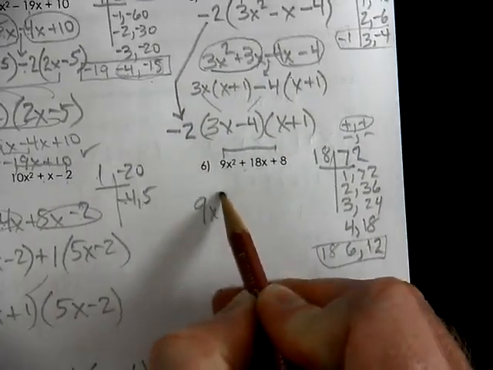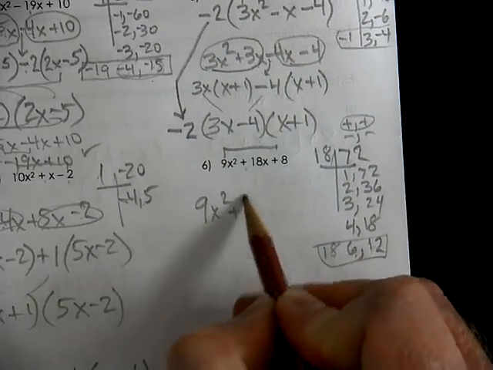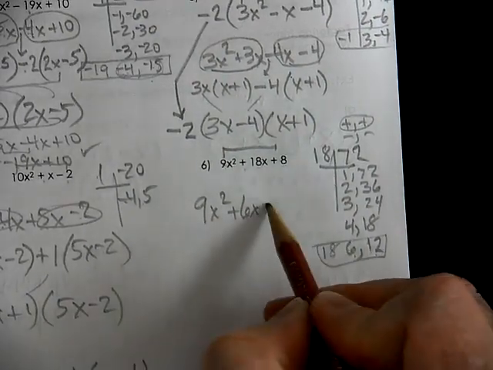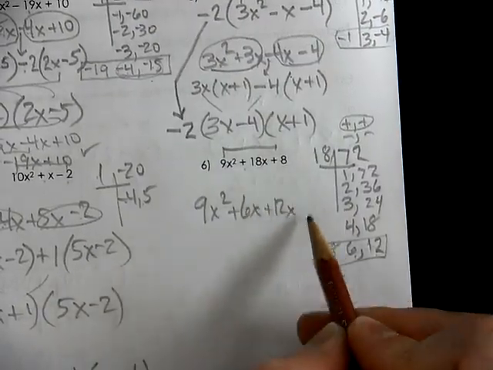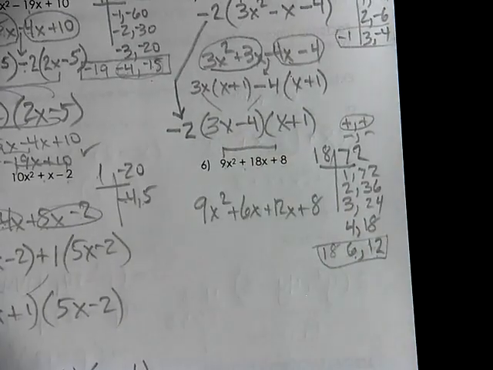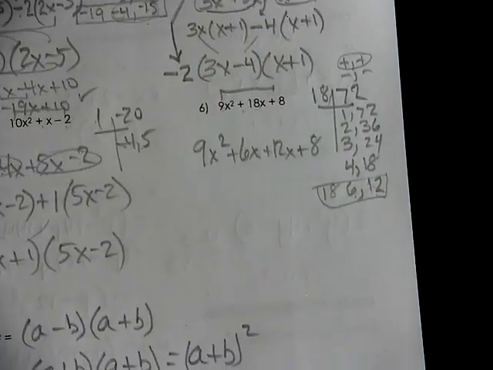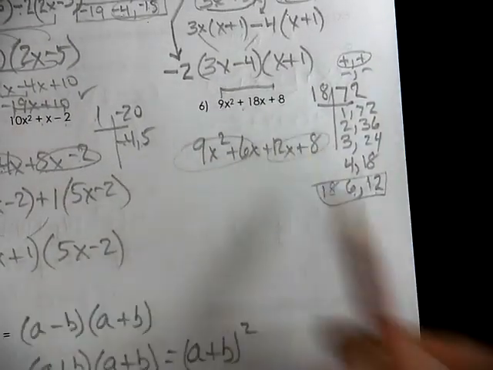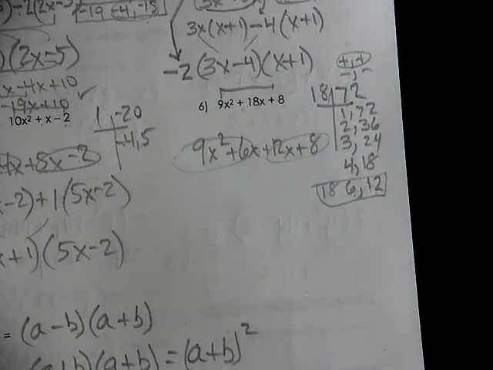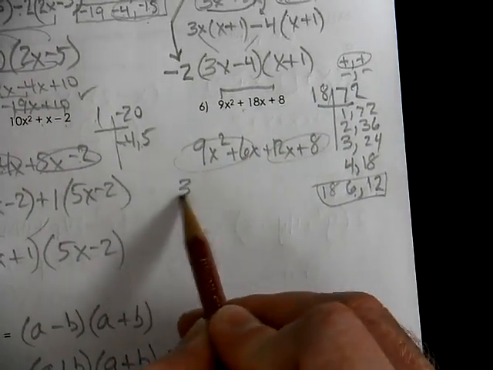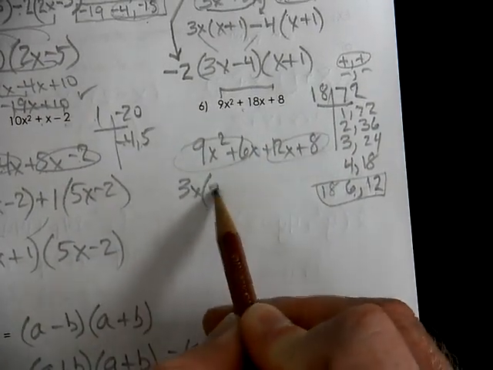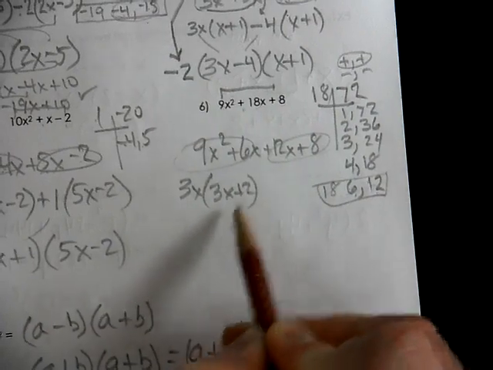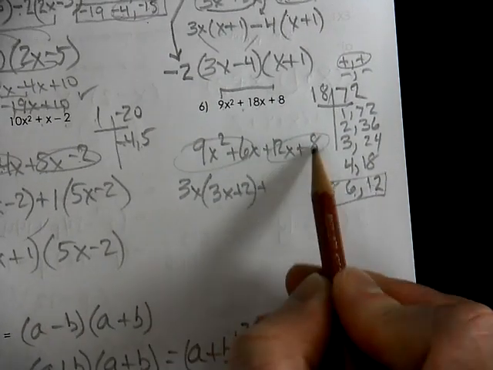So I have my 9x squared, my plus 6x, my plus 12x, and my 8. Group my two sets together, factor out what I can. That leaves me with the 3x plus 2 and a plus.